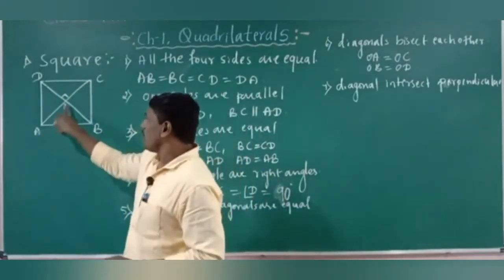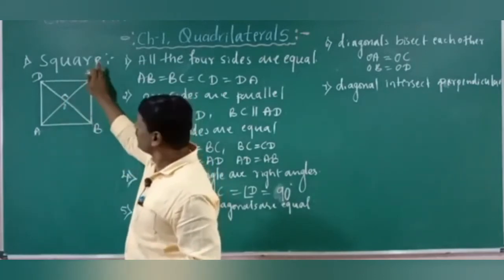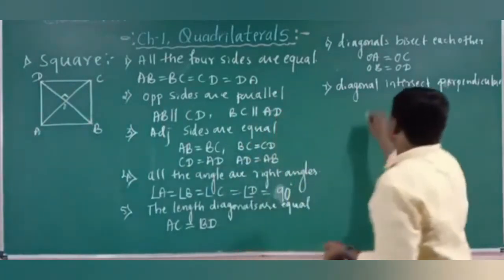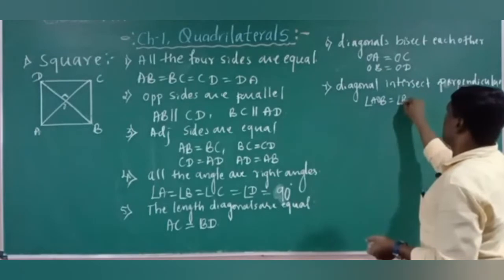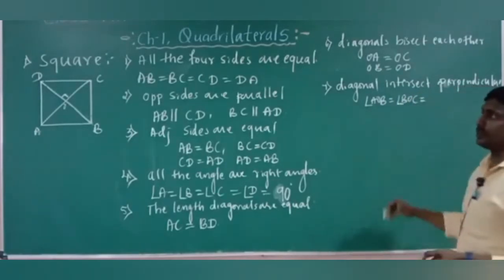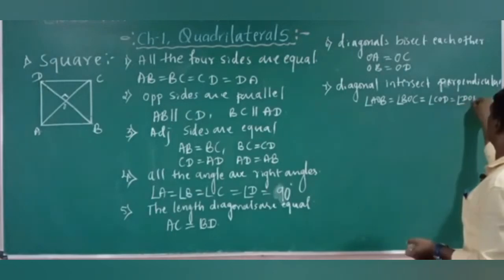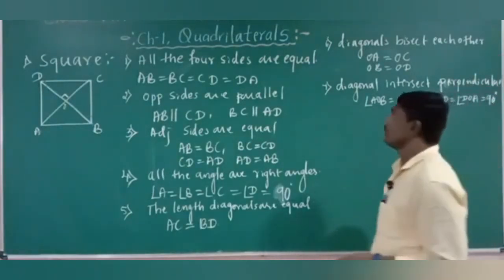So angle AOB is equal to 90 degree or angle BOC is equal to 90 degree or remaining two angles are also 90 degree. So here angle AOB equal to angle BOC, which is equal to angle COD equal to the last angle DOA. So each angle measures 90 degree.